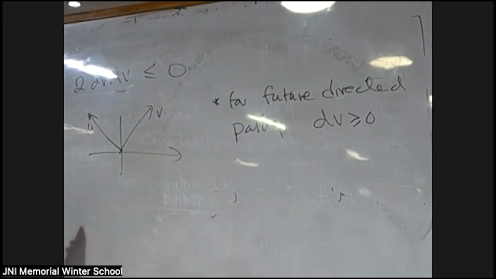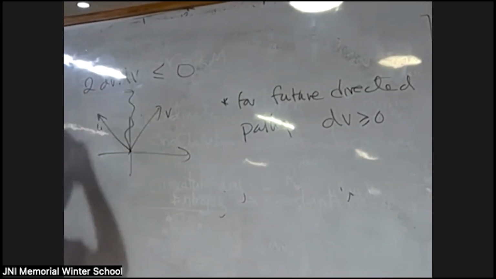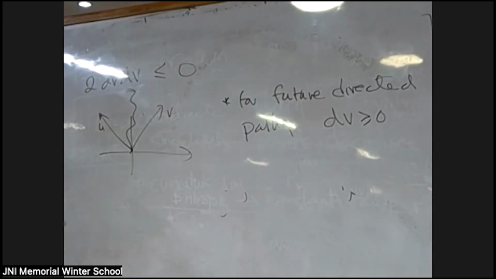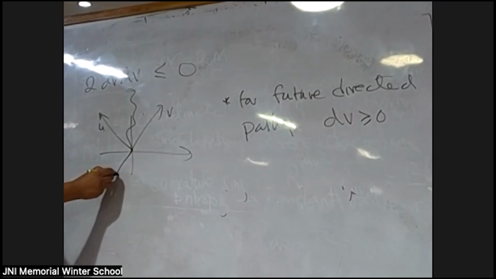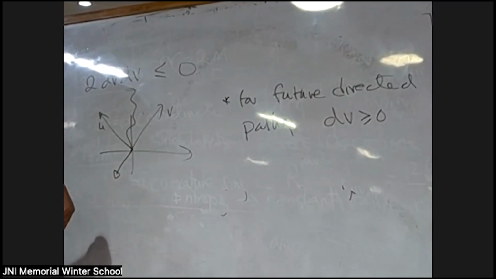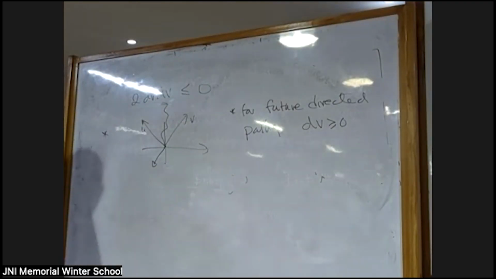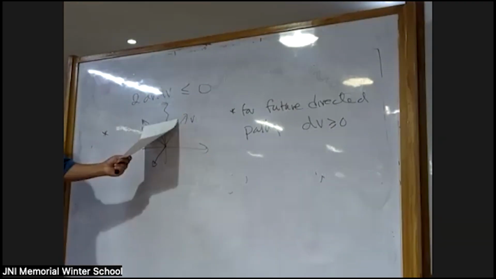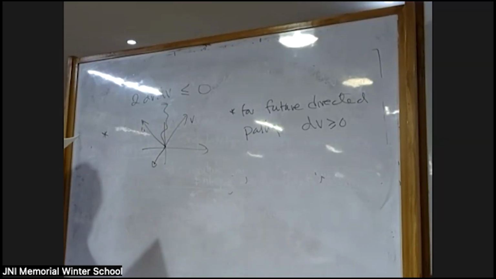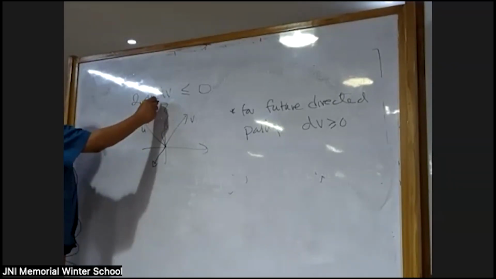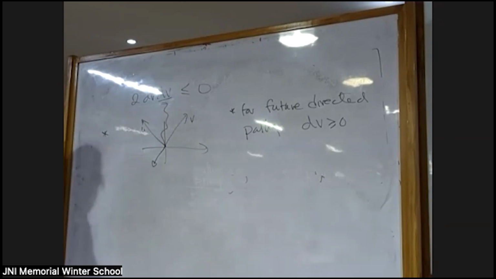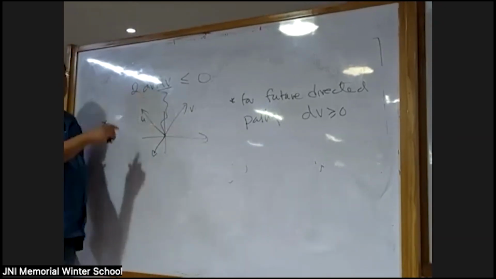In the light cone, future directed means you're in this light cone, right? So if your v is going negative this way, it's going into the past, right? A change in v that is positive means that's future directed. So dv is positive, but that means dr has to be negative.